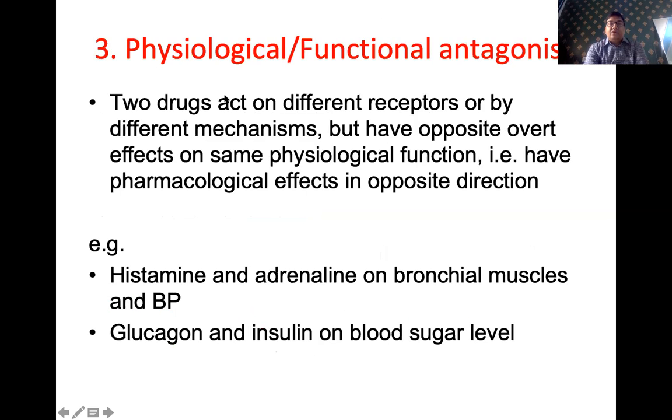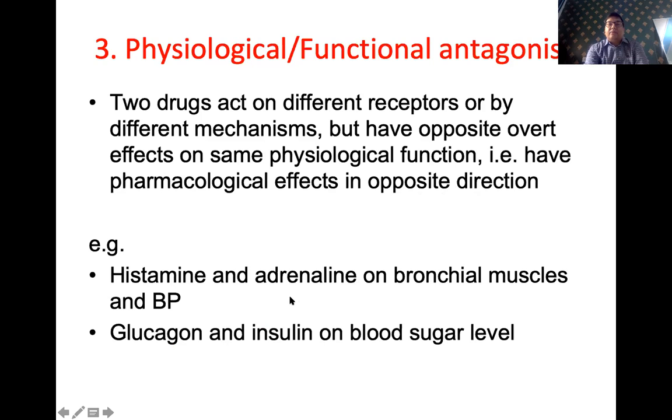Then the third is the physiological or the functional antagonist, where two drugs act on different receptors or by different mechanisms, but have opposite effects on the same physiological function. That is, they have pharmacological effects in opposite directions. Example, histamine and adrenaline are physiological antagonists on bronchial muscles and blood pressure. Histamine causes bronchoconstriction, while adrenaline causes bronchodilation.